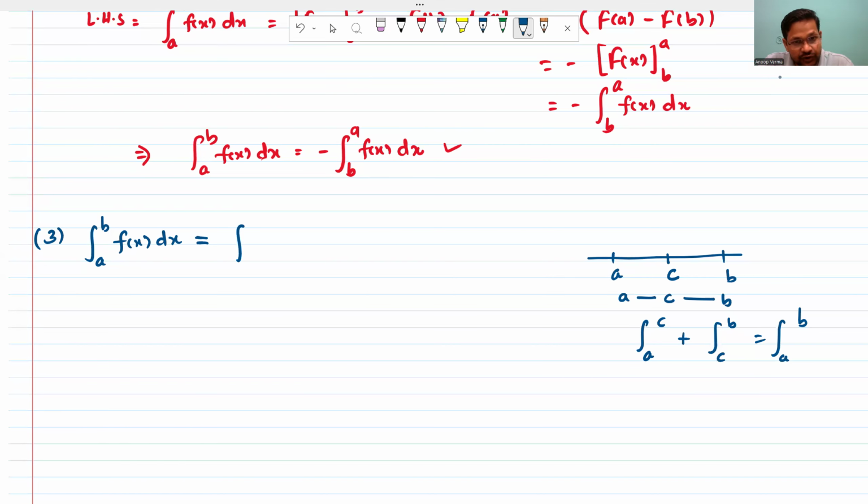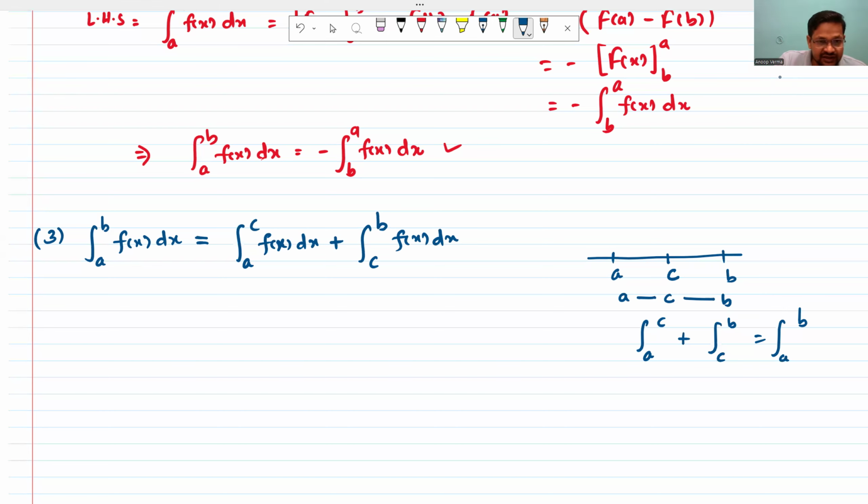So this is from a to c of fx dx, plus the integration from c to b of fx dx. So this is very simple.